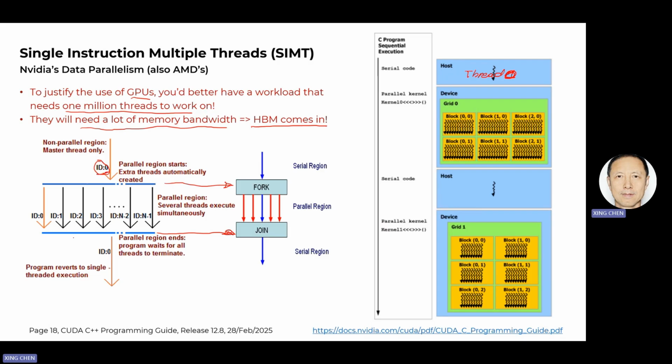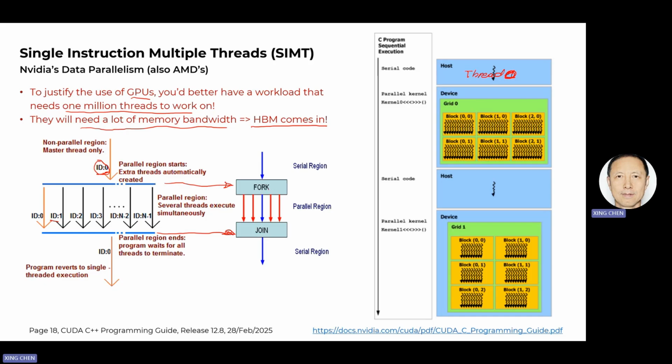And then you need help. You need to work on a big workload. What you need to do is ask the system, and the system is going to create a lot of threads to help you, from ID 1 to ID n-1. Those are the threads created by the system to help you.